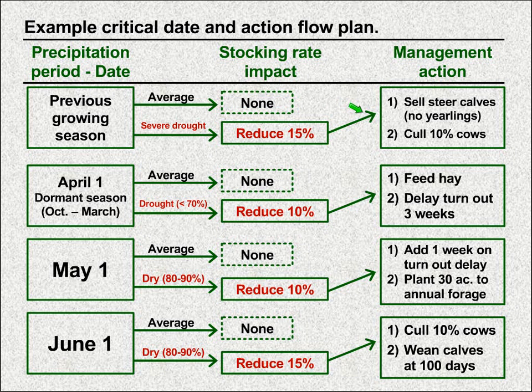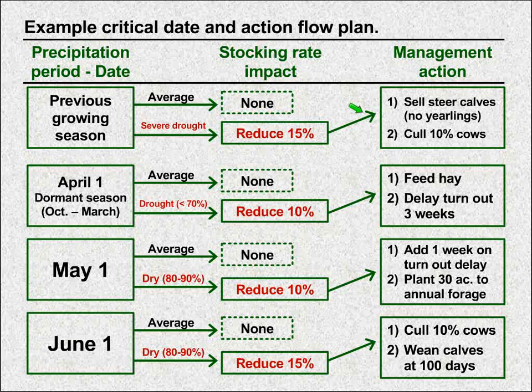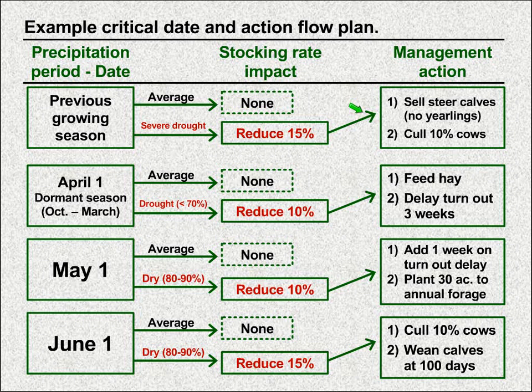And then we would go on to possible choices of management actions that we would have outlined in terms of what to do. Now, obviously, with whatever management action is chosen, it should at least equal or exceed the reduction that we are anticipating in this case of stocking rate or grass growth or however you want to define it.